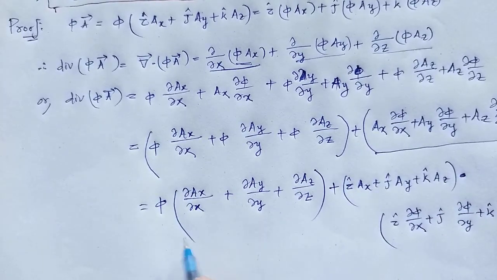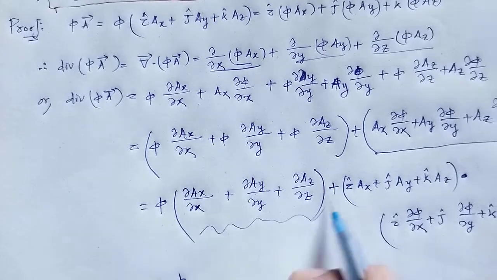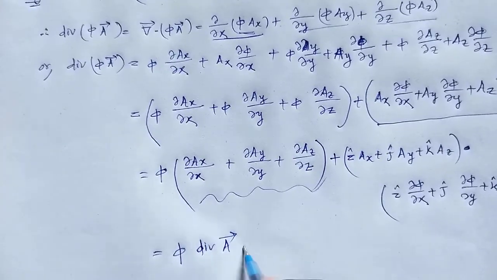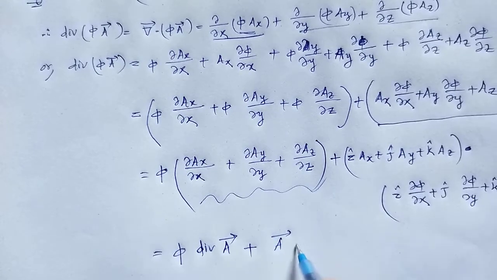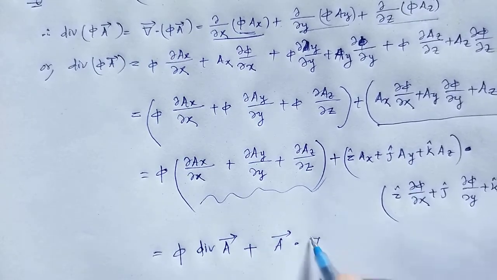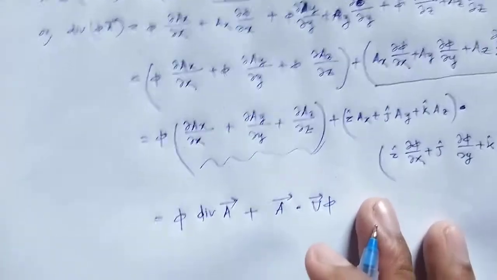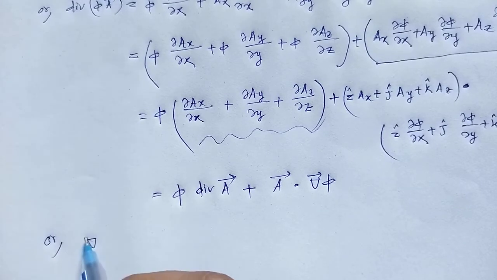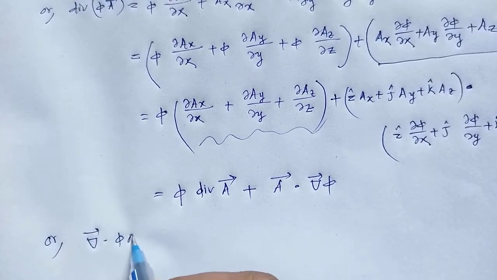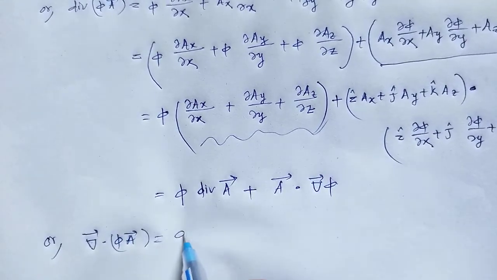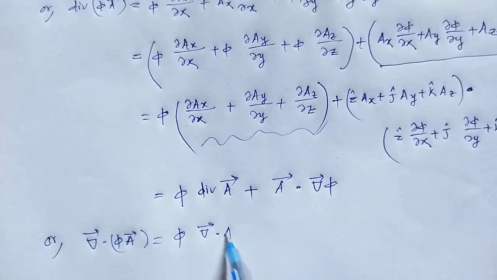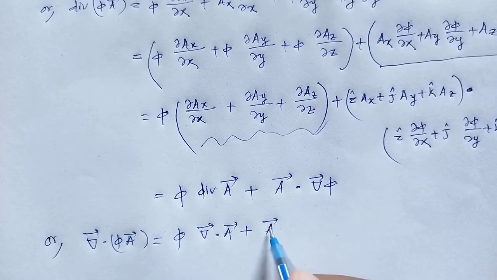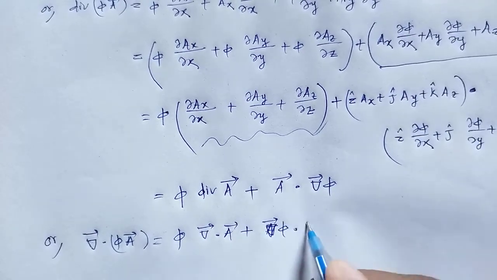This is written as phi times the divergence of a plus a vector dot the gradient of phi. Overall, we find divergence of phi a, that is grad dot phi a, is equal to phi grad dot a plus grad phi dot a, or a dot grad phi.